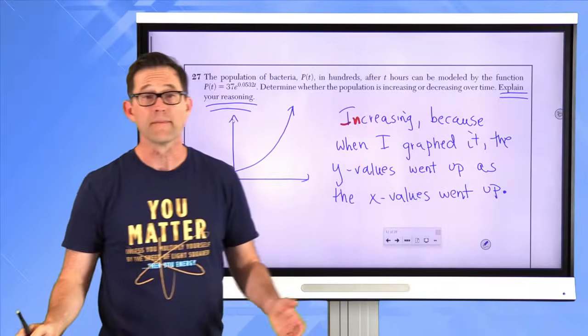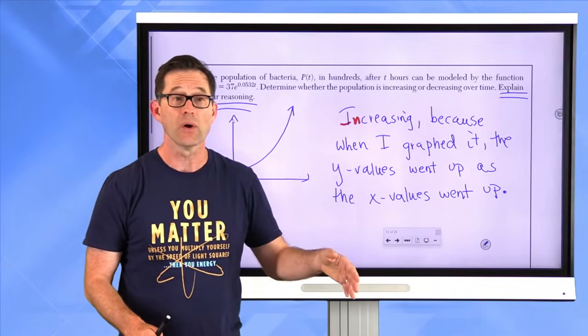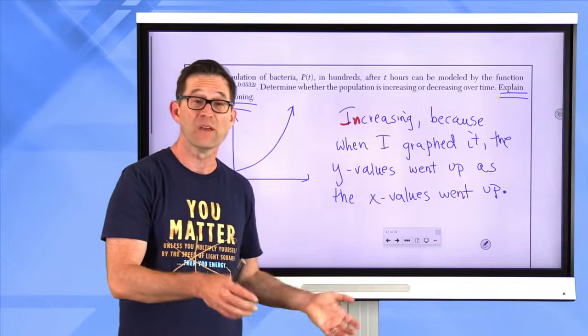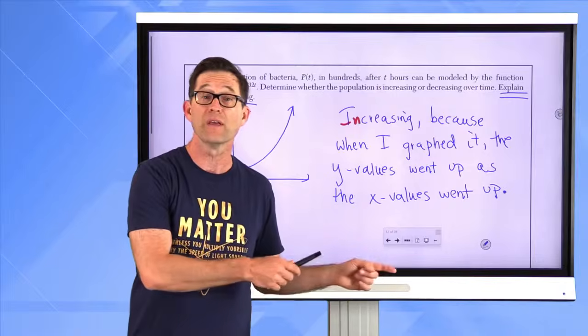That's a great way to do it. I've seen another person who literally calculated p of 0 and then p of 1 and found p of 1 was bigger than p of 0 and said it increases because p of 1 is larger than p of 0.